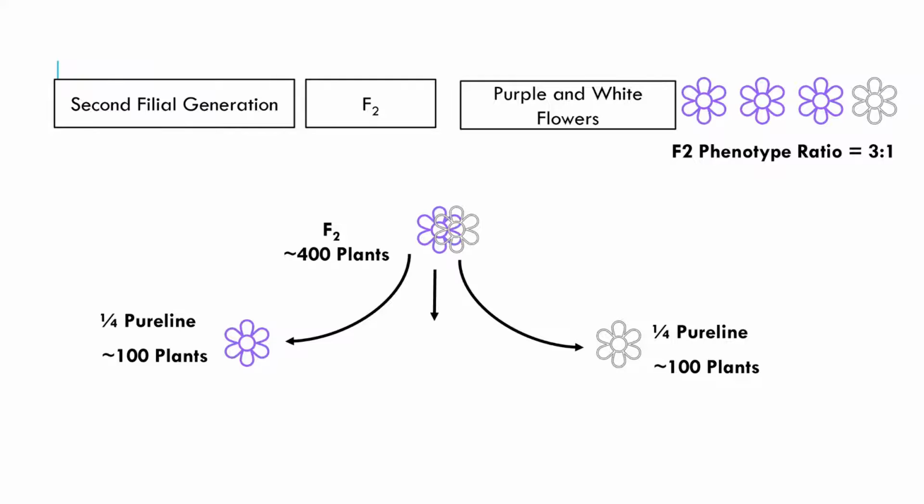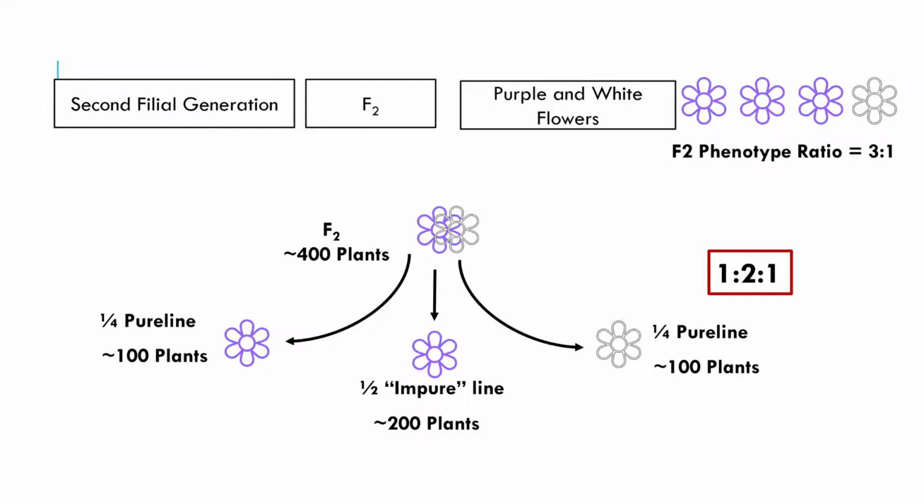Interestingly, half of the F2 plants, that is about 200 plants, behave like impure lines, similar to the F1 progeny. That is, on subsequent self-pollination, these plants would yield both purple and white flowered plants in the 3:1 ratio. So, Mendel concluded that the F2 generation actually had a genotypic ratio of 1:2:1.